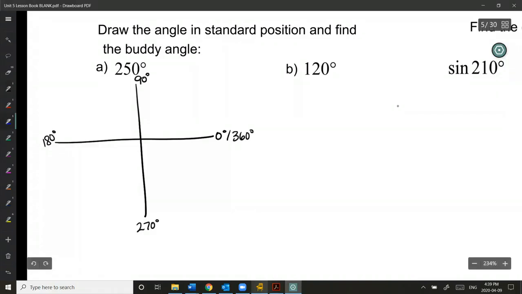And 250, remember we start at the initial arm and we're going to measure counterclockwise from here. So it should be pretty close to 270, but not quite there, about 20 degrees before that, to about here. So 250. My reference angle is always the angle between that arm and the closest horizontal.